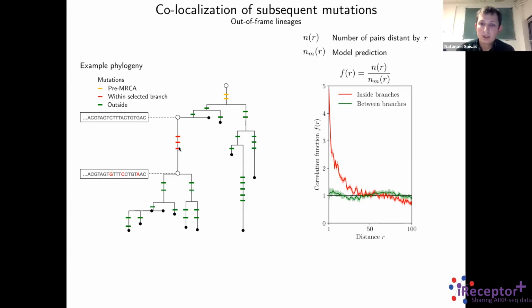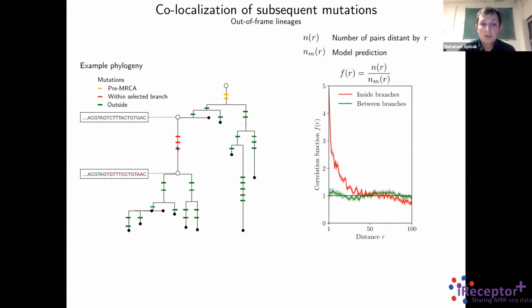And so maybe first, the way we're going to measure this is with the correlation function, which is defined simply as the number of pairs that are distant by a given distance r base pairs, normalized by what our context and position dependent model predicts for this very quantity.